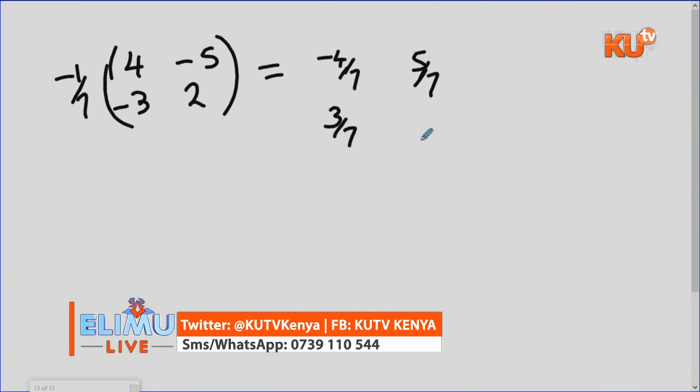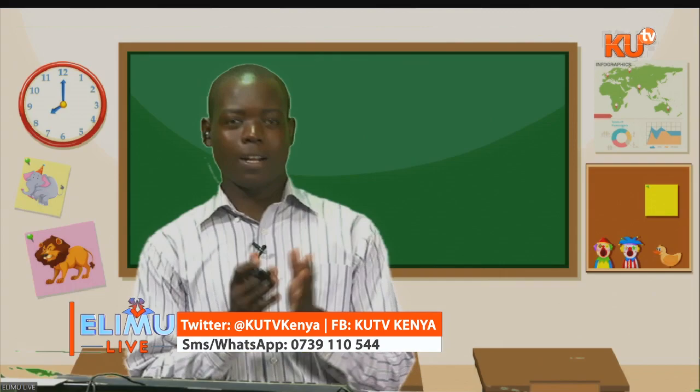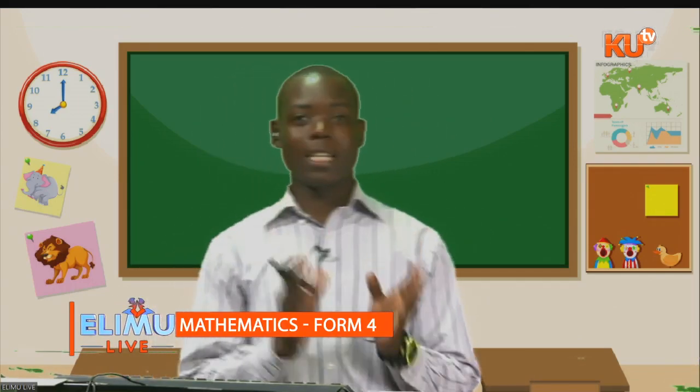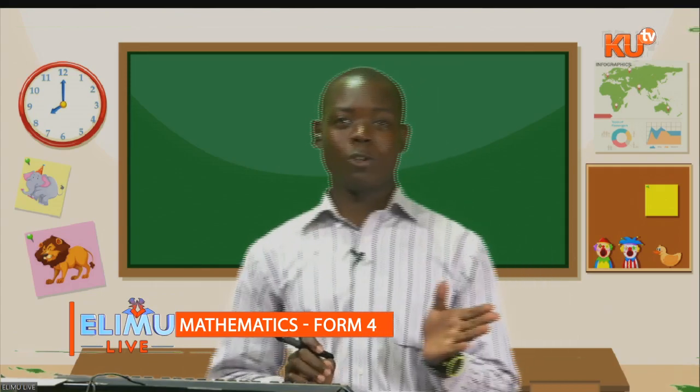And lastly, we have -2/7. And so this is the inverse of our matrix. So far, I hope we are fine and we can follow that. That is the inverse.